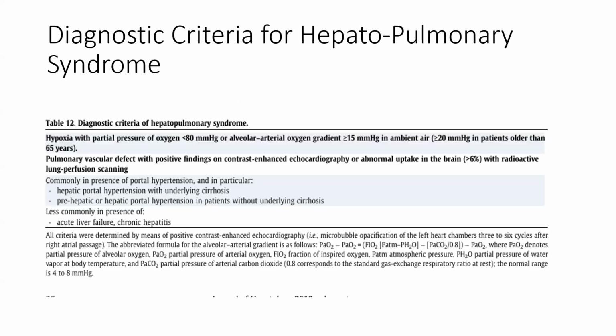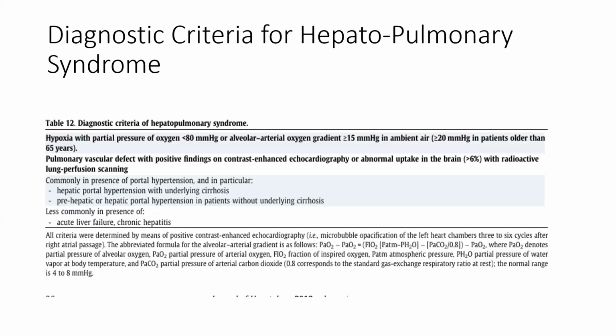Now for the diagnostic criteria of hepatopulmonary syndrome. Hypoxia with a partial pressure of oxygen less than 80 mmHg and an alveolar arterial oxygen gradient of more than 15 mmHg in ambient air, or more than 20 mmHg in patients older than 65 years. Pulmonary vascular defect with positive findings on contrast enhanced echocardiography or abnormal uptake in the brain with radioactive lung perfusion scanning.